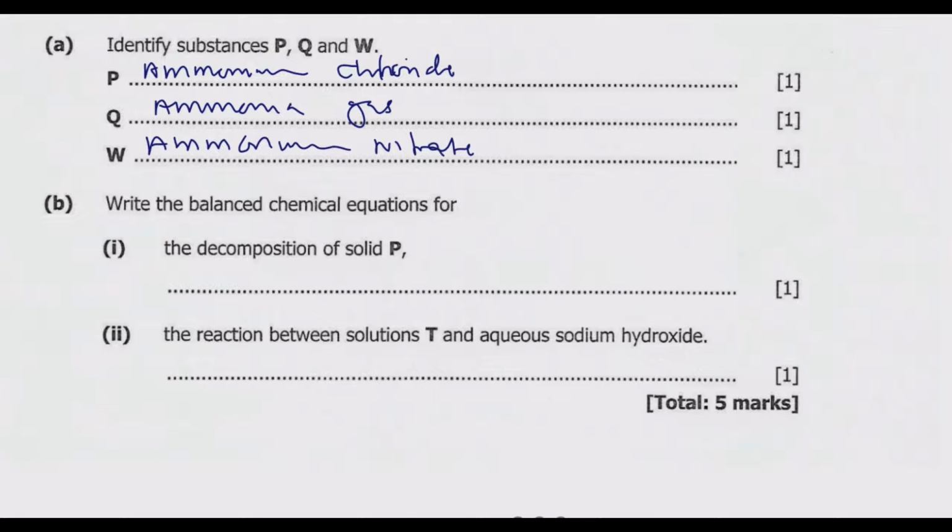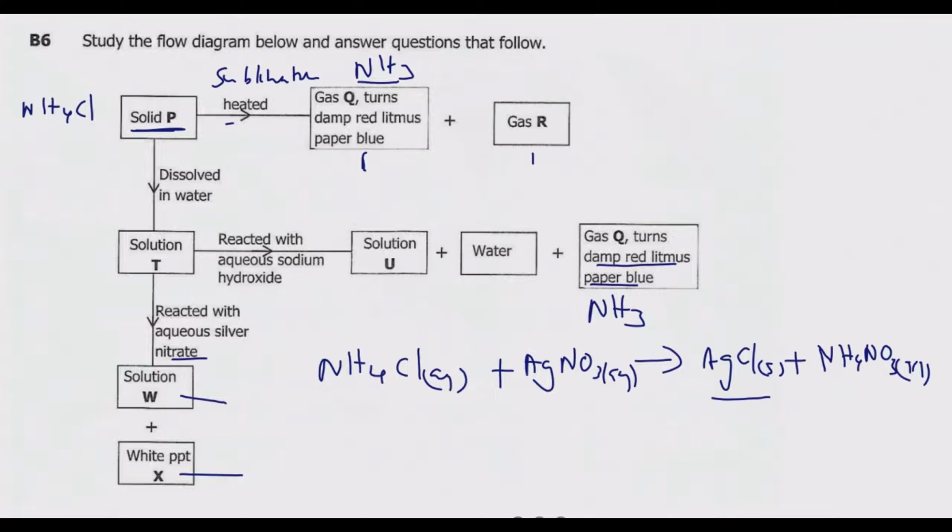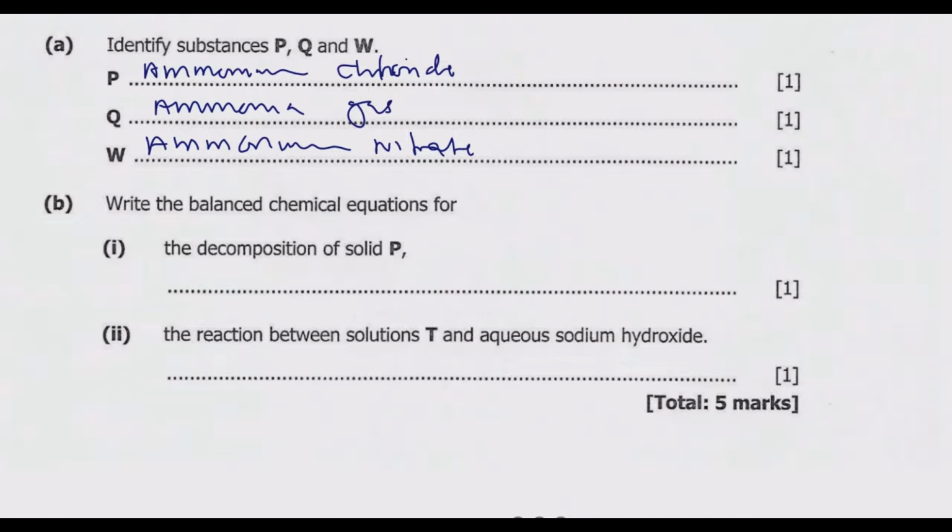Ammonium nitrate. Then B, write the balanced chemical equations for decomposition of solid P. So the decomposition is happening at this point when we heat, the sublimation. So we have identified P to be ammonium chloride, and we are decomposing it, which is a solid, when heated.